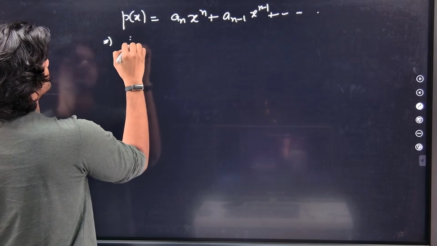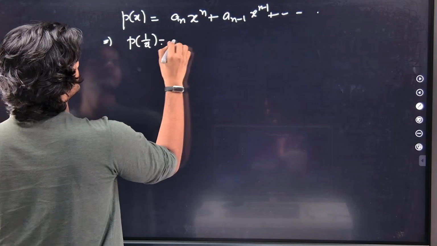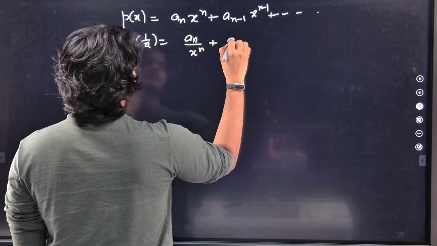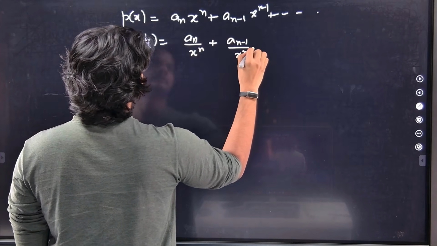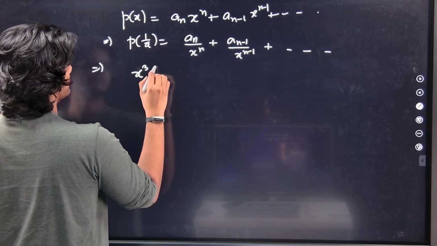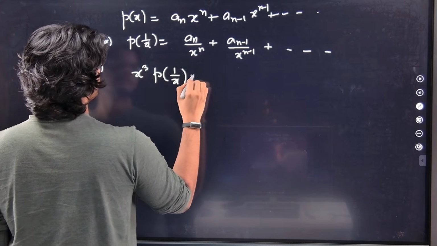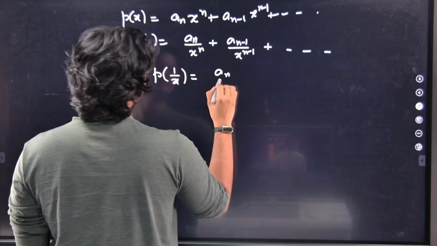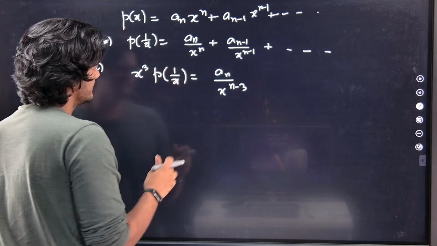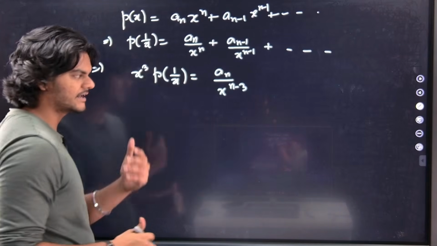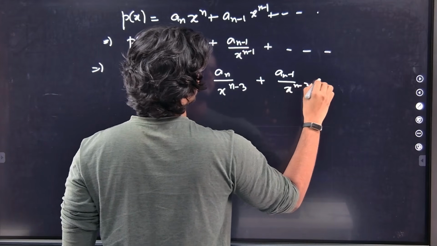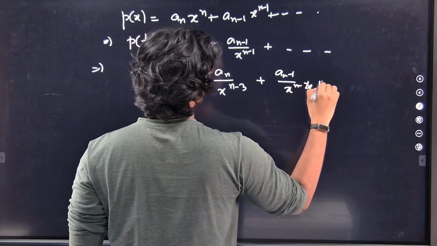That would mean that p of 1 by x will be a n by x power n, a n minus 1 by x power n minus 1, and so on. So if I multiply x cube, I'll get a n by x power n minus 3, a n minus 1 by x power n minus 4, and so on.